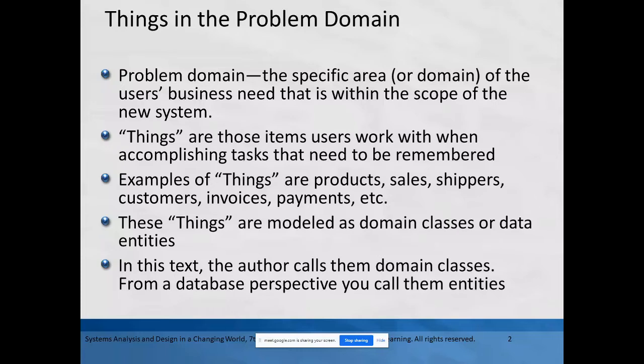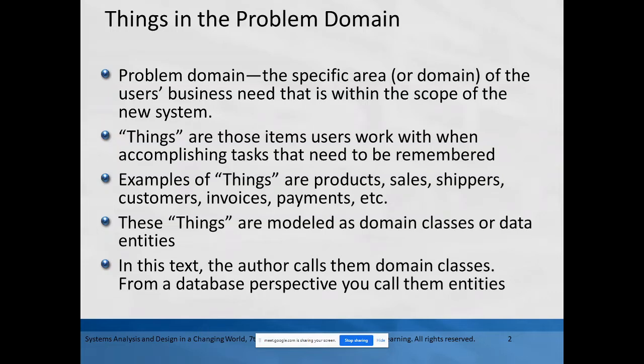Perhaps. I mean, yes, that actually is a true statement. But there are very specific contexts in which you would choose domain classes or data entities. And the author seems to think that they're interchangeable and you use whatever you'd like.